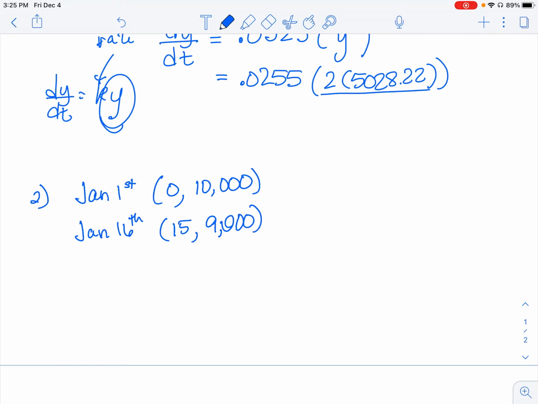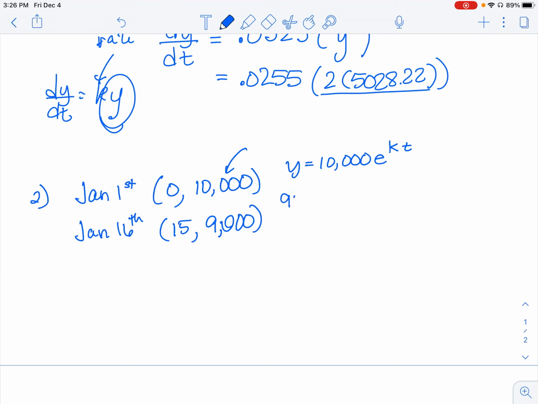Now what I did is I tried to give you credit, like if you got the equation of this. If I know that this is the initial, then y equals 10,000 times e to the kt. I don't have k, I need to go get it.